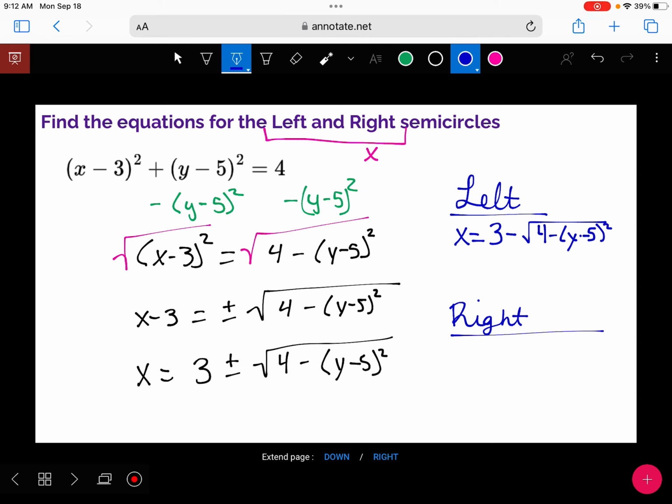And the right semicircle is x equals 3 plus the square root of 4 minus y minus 5 quantity squared.